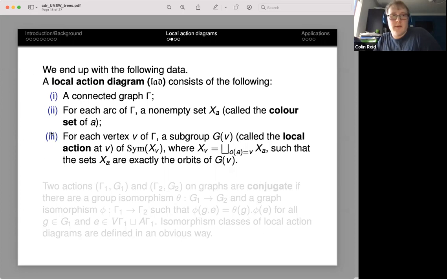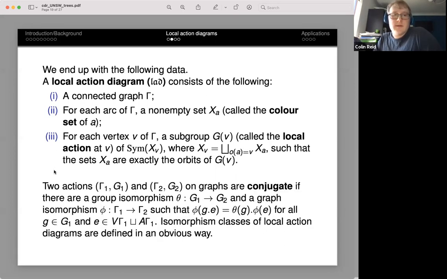Okay, so this is the data we end up with when we try to describe the local actions of a group acting on a tree. And then there's an obvious notion of conjugacy.